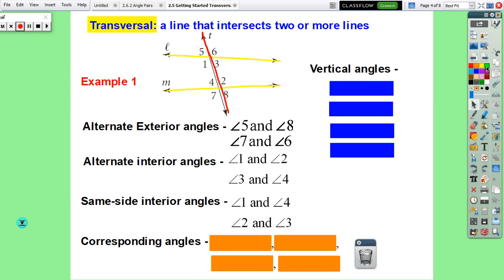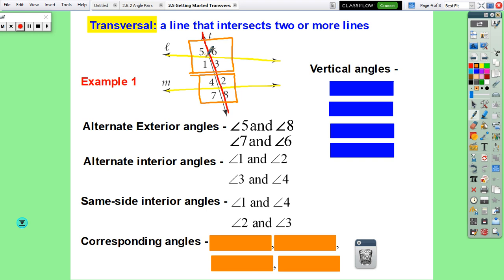corresponding angles would be, if you can imagine, taking this group of angles right here and setting them on top of this group of angles here. So if we were to take all 4 of these and just slide it down here, which ones would these line up with?